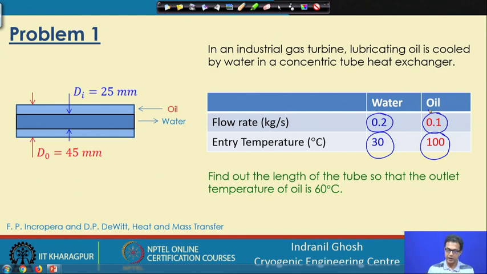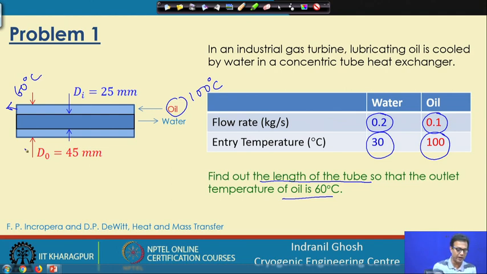What we are supposed to find out is the length of the tube, so that the exit temperature of the oil is 60 degree centigrade. The oil enters at 100 degree centigrade, and we are trying to find the length of this tube so that the oil will come out at 60 degree centigrade.